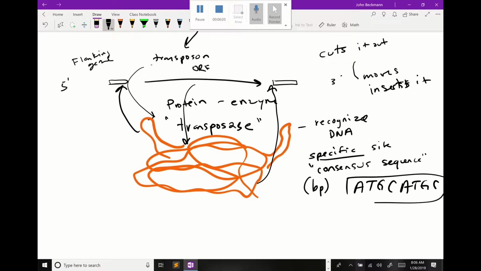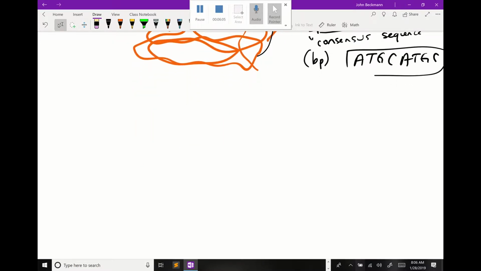So let me show you what would happen. So let's say you got corn, Indian corn, and here is chromosome, we'll say 1. This is a transposase in red, and here are the recognition sites.